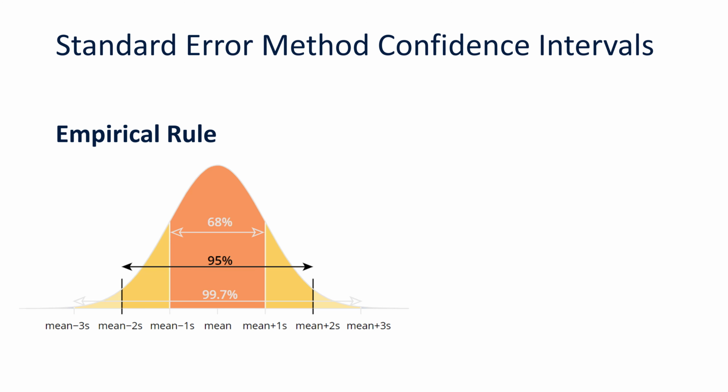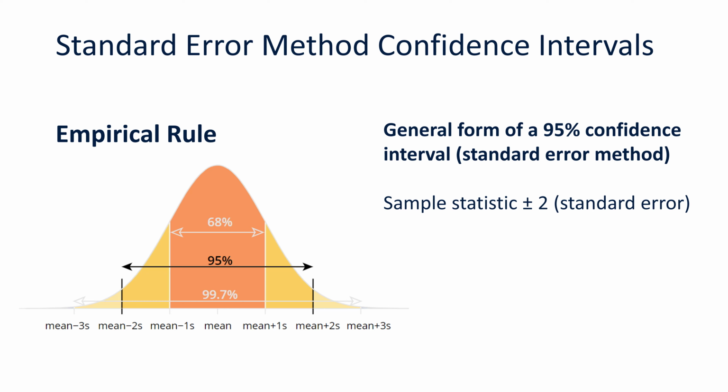The standard deviation of a sampling distribution is known as the standard error. Putting this information together, we get the general form of a 95% confidence interval using the standard error method. The 95% confidence interval will be the sample statistic plus and minus 2 times the standard error.